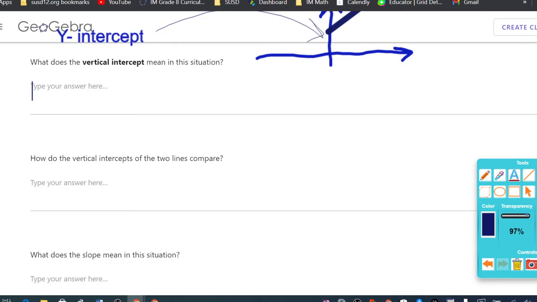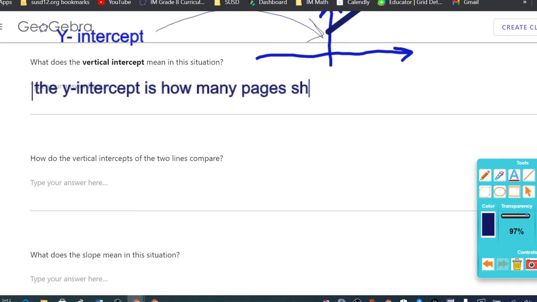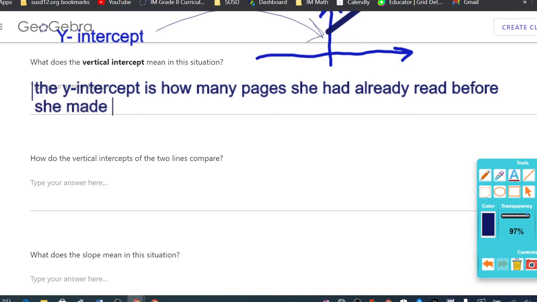So the y-intercept is how many pages she had already read before she made her reading plan.